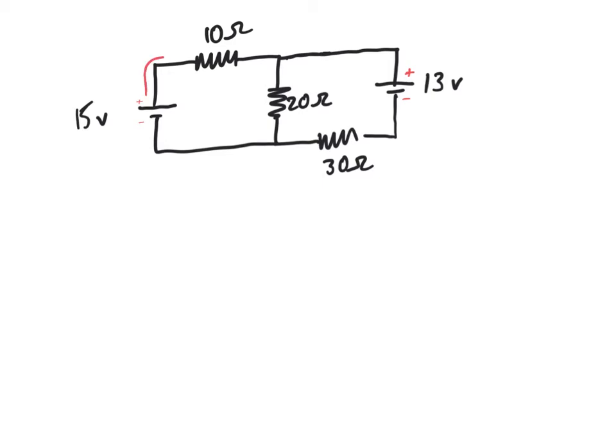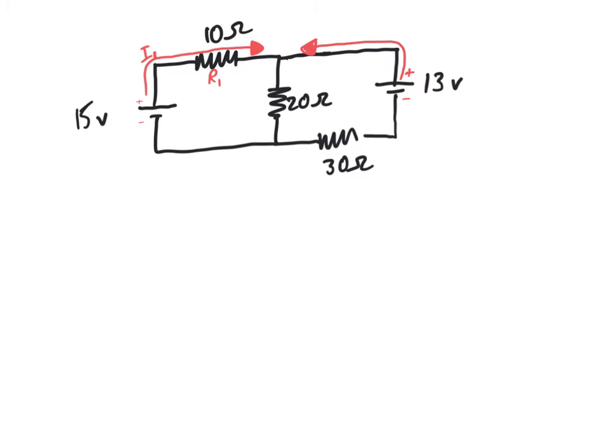So this is going to be the current through our 10 ohm resistor. I'm going to call that resistor 1. So that is going to be current 1. The 13 volt battery is going to have current pointing out of it like so.